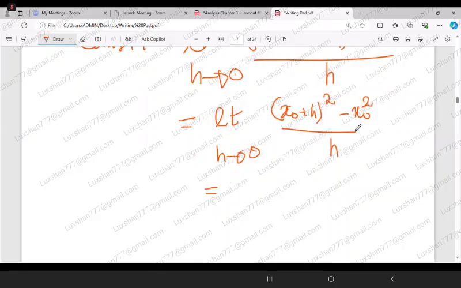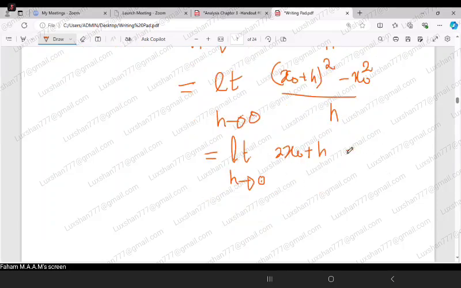Then using the a squared minus b squared form, this becomes the limit of h times 2x naught plus h over h. Just do a small simplification here. You just factorize the numerator. Cancel h up and down, and you can get this. As h tends to 0, this becomes 2x naught. Therefore, this belongs to the set of real numbers. Therefore, the limit exists. So this exists, okay, this 2x naught.